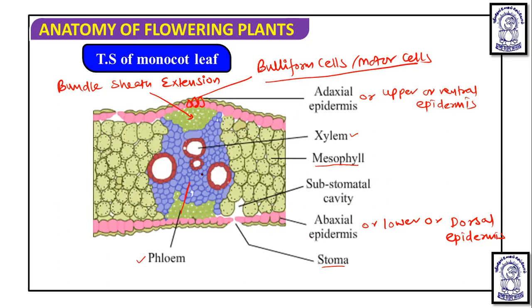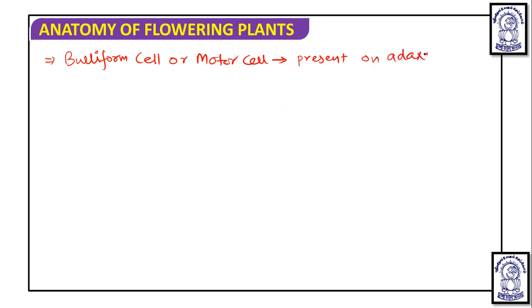Okay. Now, in this monocot or isobilateral leaf, if we talk about the bulliform cells or motor cells in detail, they are present in certain grasses and they are present on the adaxial or upper epidermis.